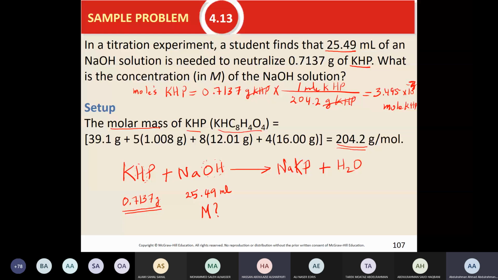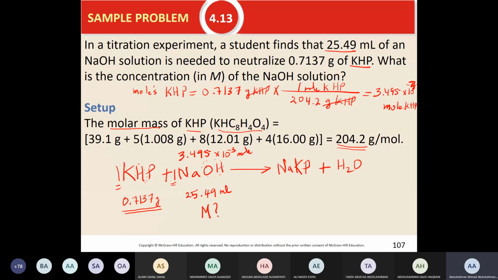Good, excellent. Then how many mole NaOH do I need for the neutralization? The same. It's 1-to-1 because this one is 1-to-1. So this amount is 3.495 times 10 to the power minus 3 mole needed.